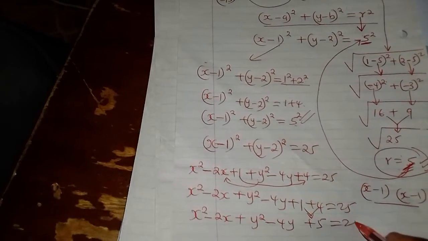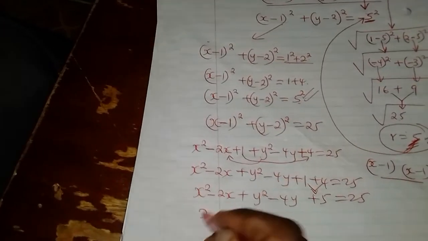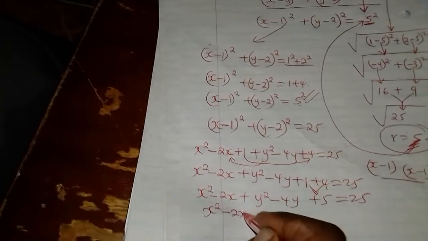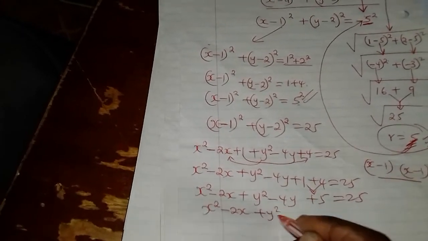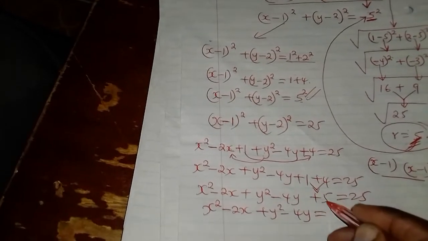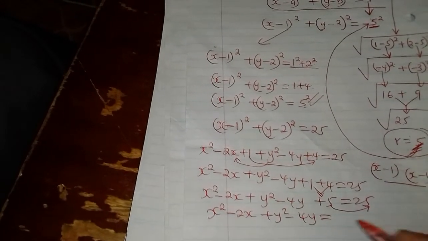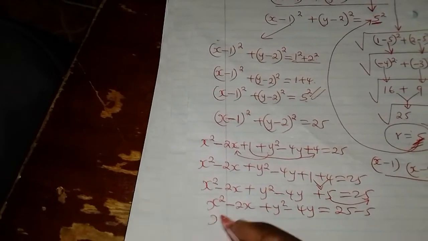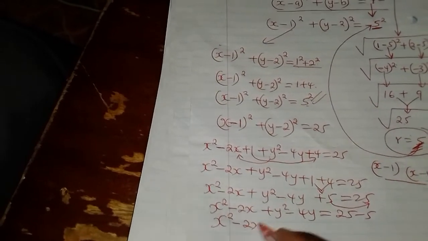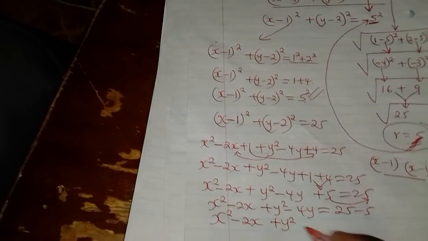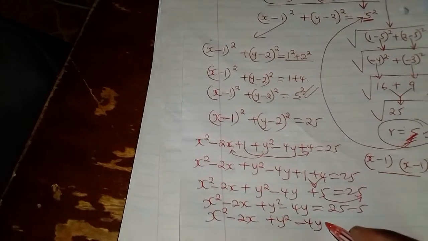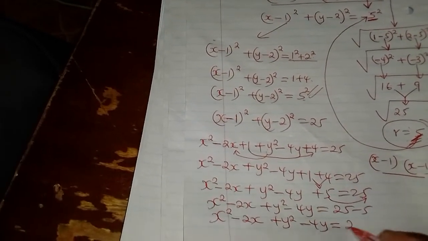That gives us 25. Okay. So x squared minus 2x plus y squared minus 4y is equals to, this gets taken to this other end. So I'm going to have 25 minus 5. Okay, so x squared minus 2x plus y squared minus 4y is equals to 20.